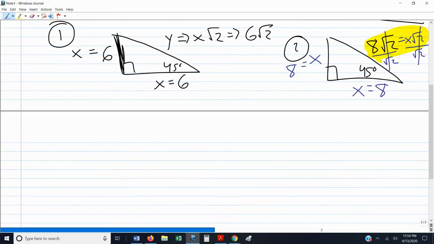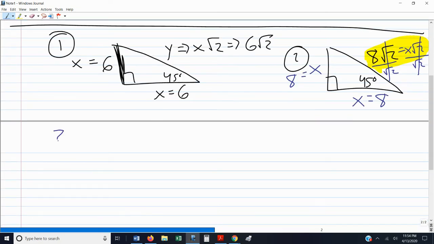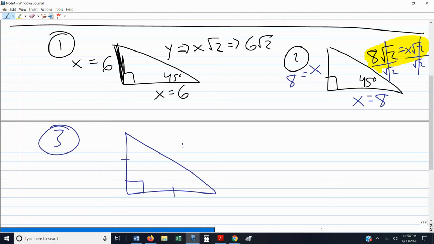Okay, the very last one in this set of problems for the 45, 45, 90 is a strange one. So this would probably be the most difficult question you would see. So the first thing is that they don't tell you it's a 45, 45, 90. You are going to figure that out on your own because these sides are the same.